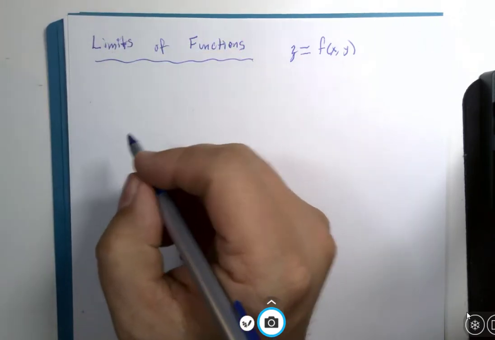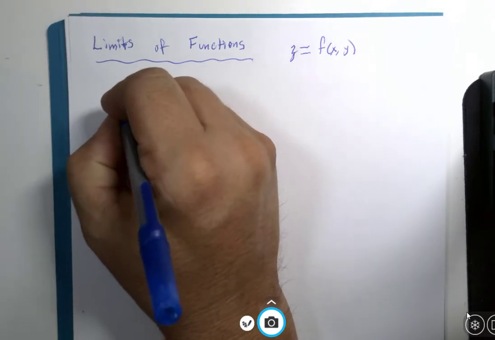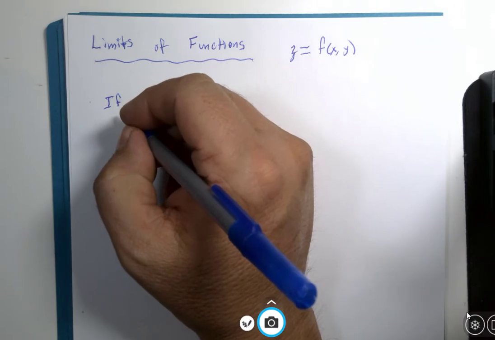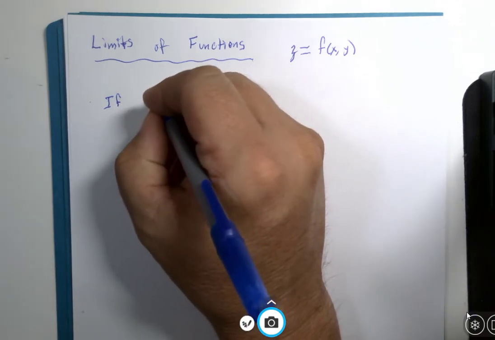So if you recall, we had this concept. There are many places I could choose to start here, so I'm just jumping into a place where an experienced calculus student might remember some details.